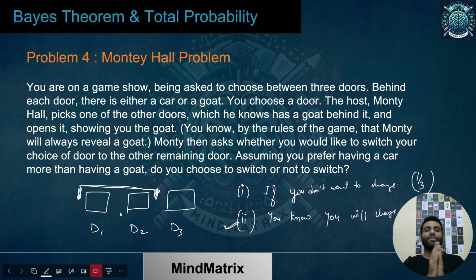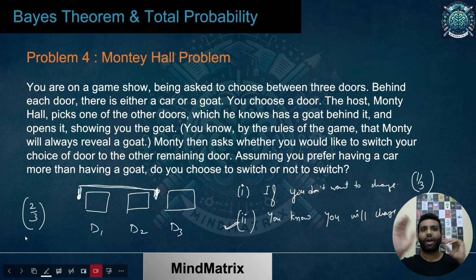So I will be having this thing that I have a doubt that D1 or D2 may have a car. So what is the probability of choosing two doors which may have a car? It is 2 by 3. Now how does this help over here?